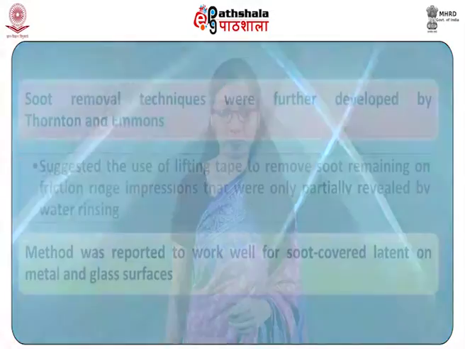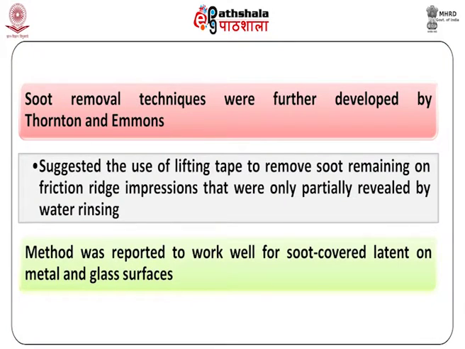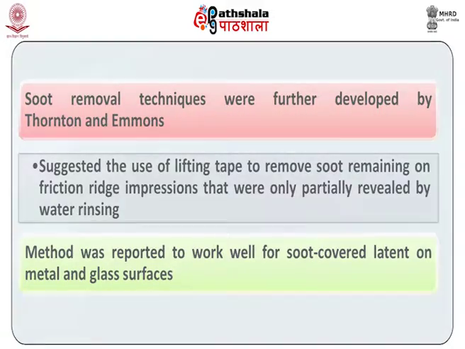The soot removal techniques were further developed by Thornton and Emmons, who suggested the use of lifting tape to remove the soot remaining on the friction ridge impressions that were only partially revealed by water rinsing. The method was reported to work well for soot-covered latents on metal and glass surfaces.